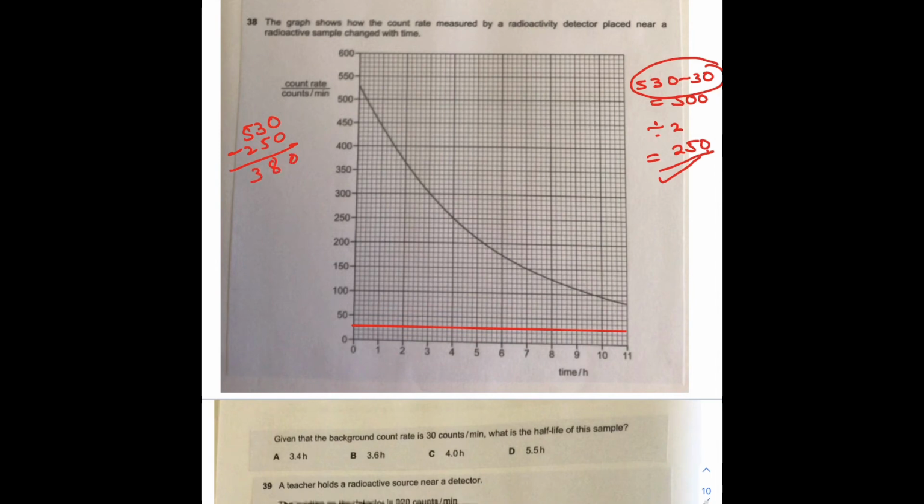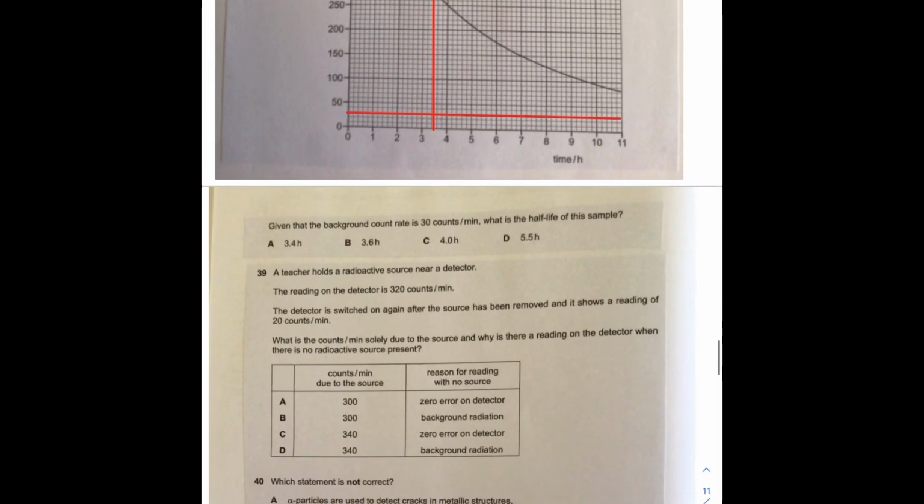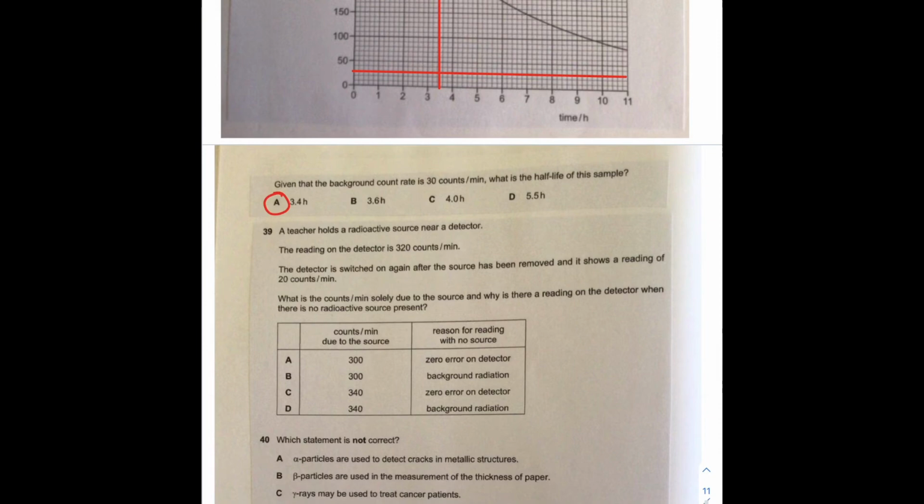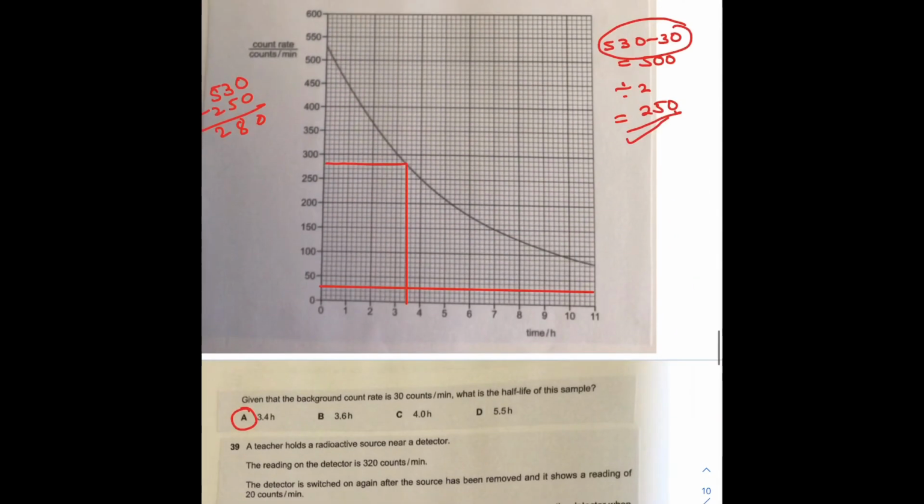So that's 280, sorry. So from 280, I draw a line reaching that. From there, I draw a line reaching there. What's that? 3.4 hours. So half-life is 3.4 hours.